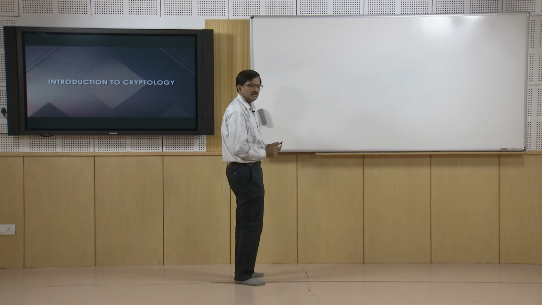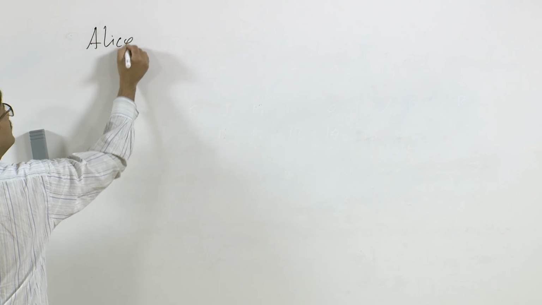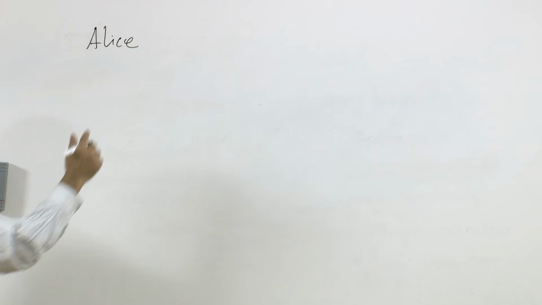We proceed as follows. Suppose Alice is using the English language to write the messages. So, she is using the English alphabet.